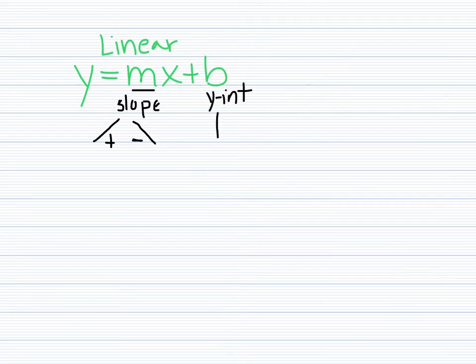So you will see that on the y-axis. So it would be somewhere along this line, not necessarily positive, but somewhere along that line. Okay, then taking a look at our next equation, exponential.